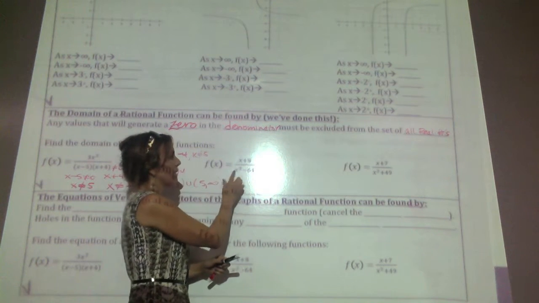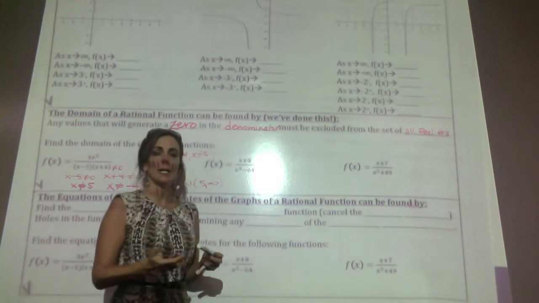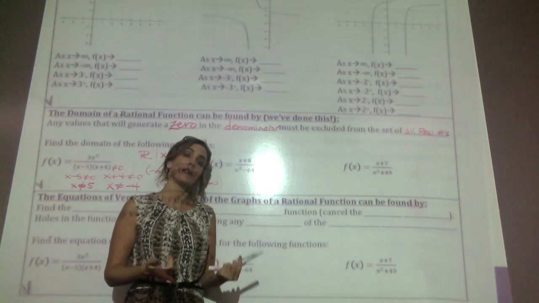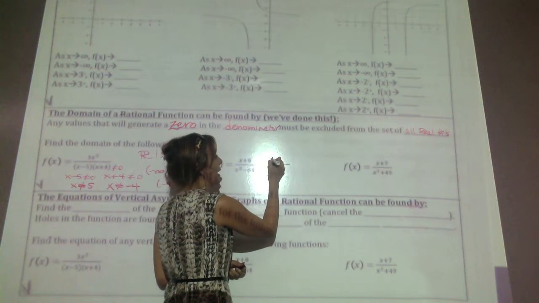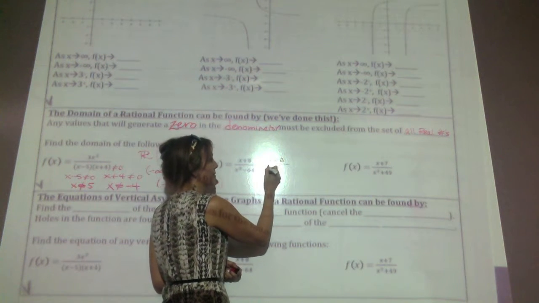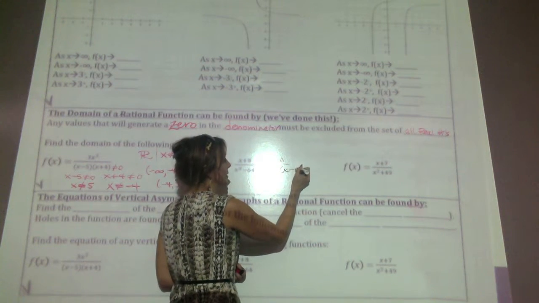Let's look at this one over here. F of x is equal to x plus 8 divided by x squared minus 64. Here we have a polynomial function on the bottom that's factorable, and so we would want to just go ahead and factor it. This is the same as x plus 8 divided by the product of x plus 8 and x minus 8.